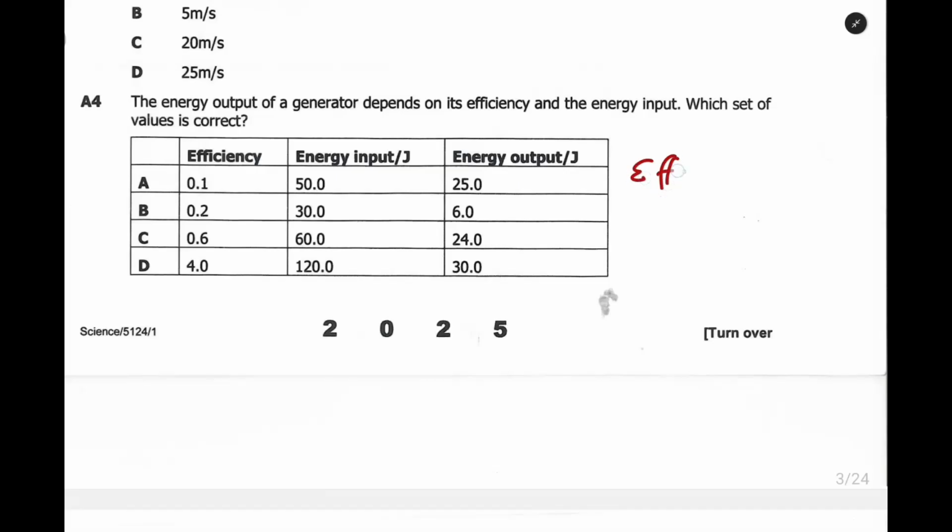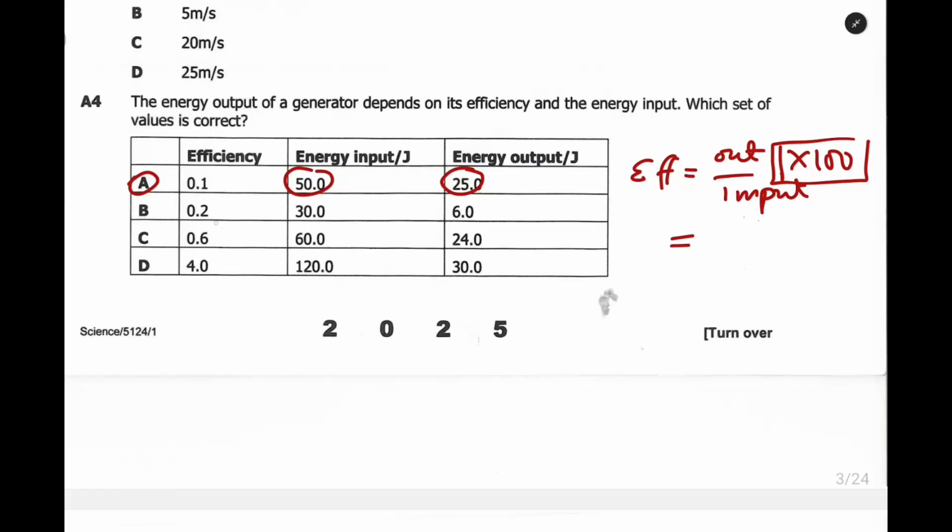So efficiency is equals to energy output divide energy input. Okay, multiply by 100. But here, not yet 100, but in decimals. So in other words, we need to divide output and input, and we need the one that is going to give us the correct value. Try out this. Now, if you multiply output 25 divide 50, is it going to give you 0.1? No.